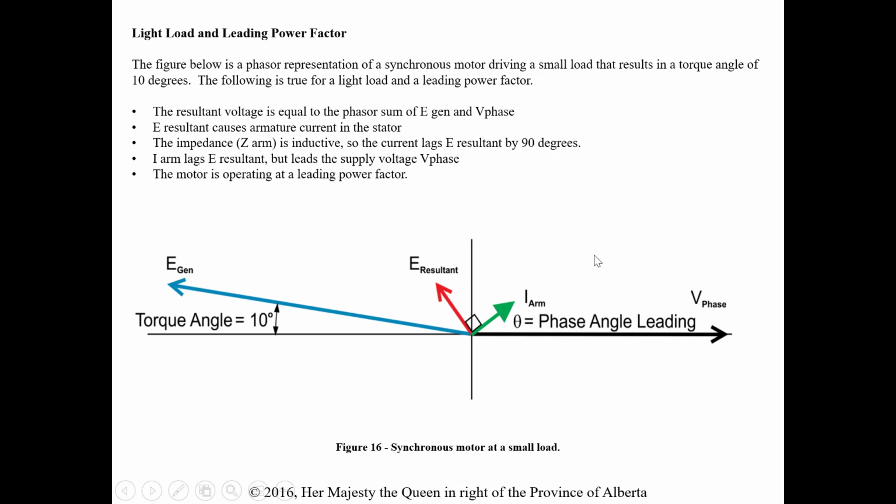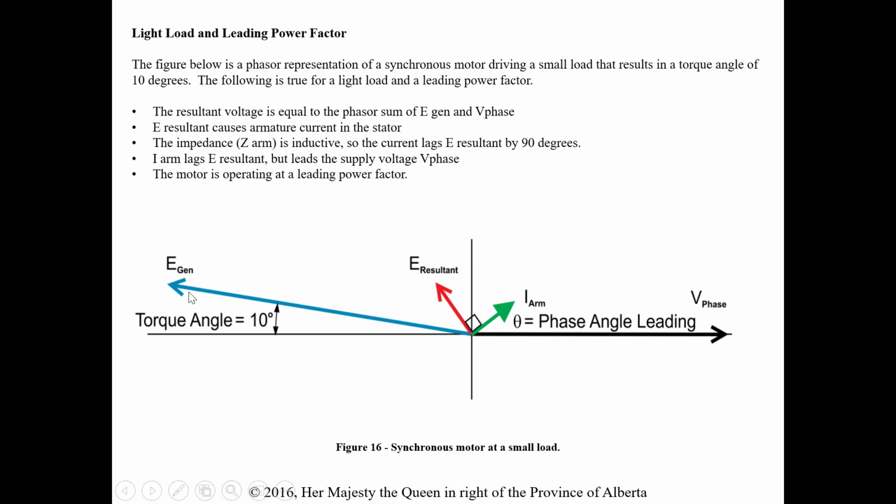Okay. Next scenario, light load and a leading power factor. So we did have a lead before, so we still continue to have a lead, but we're going to put a little bit more load on it and see what happens to the resultant voltage and the generated voltage because of that. So the following is true for a light load and a leading power factor. So again, the resultant voltage is equal to the phasor sum of E gen and V phase.